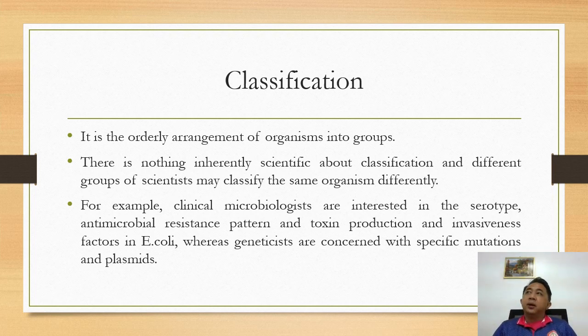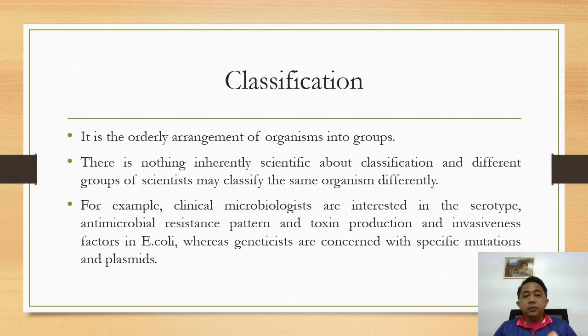Okay? Now, when we are going to classify, particularly microorganisms, we will not utilize the common name or the local name. Instead, we will utilize the scientific name for a more objective as well as more formal way of identifying a particular organism. Okay.